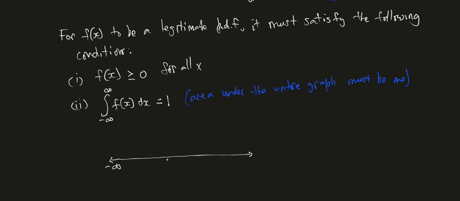If my sample space extends from negative to positive infinity, and I have some graph that looks like this over the entire line, then that entire area must be equal to 1.